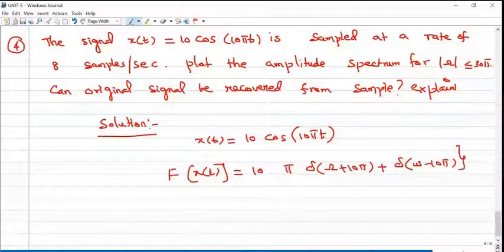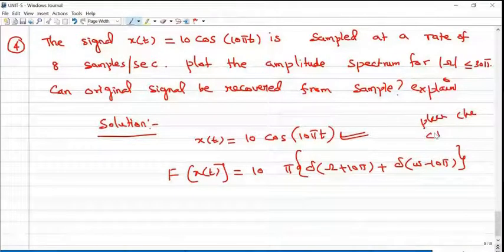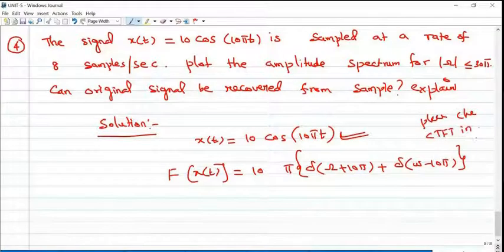Please check your unit 3 for how to find the continuous time Fourier transform of cos omega naught t and sin omega naught t. This problem we already solved in CTFT. Please check CTFT in unit 3.